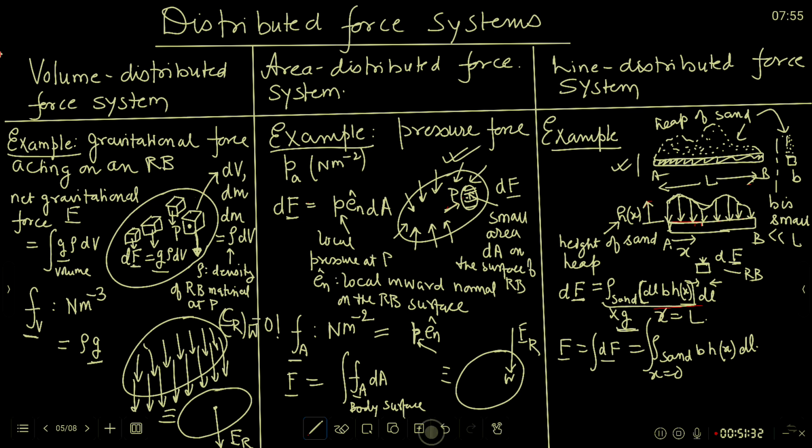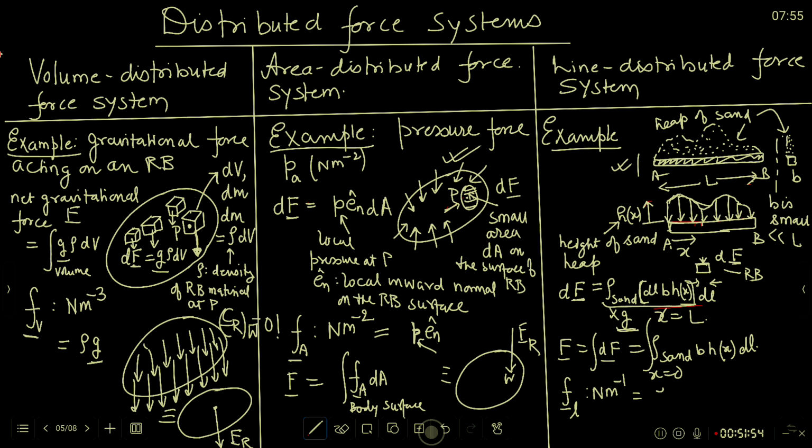A line distributed force like what I am showing here is characterized by a function F subscript L, and this will have units as Newton per meter. And in this particular case, what will FL be?